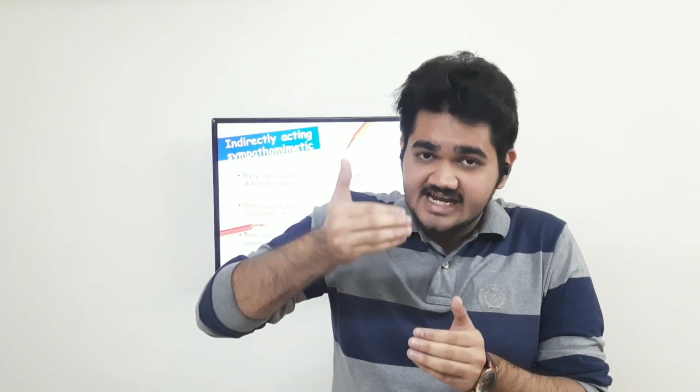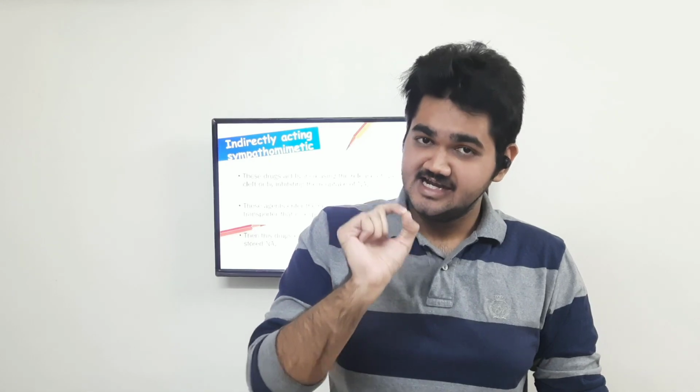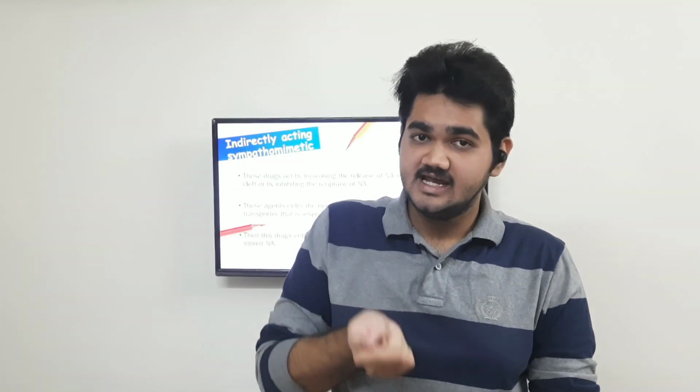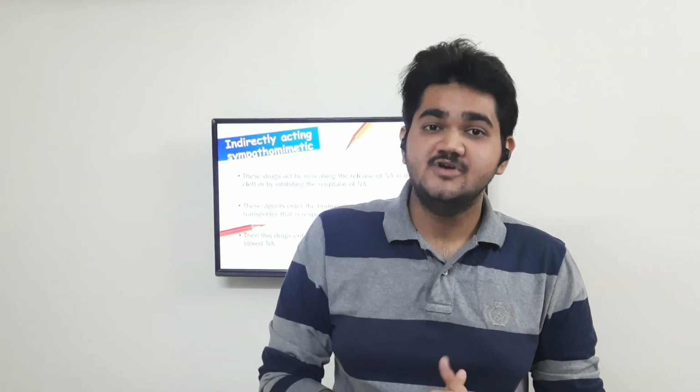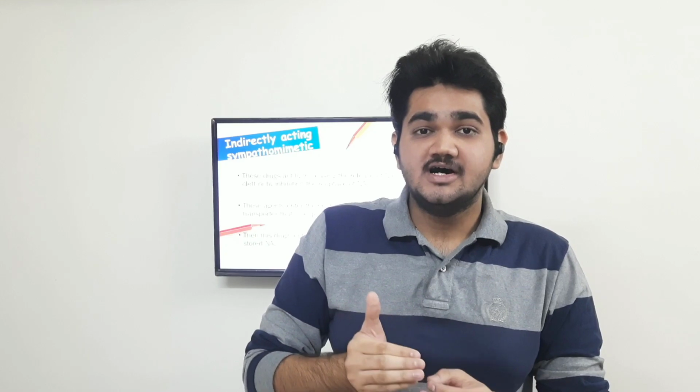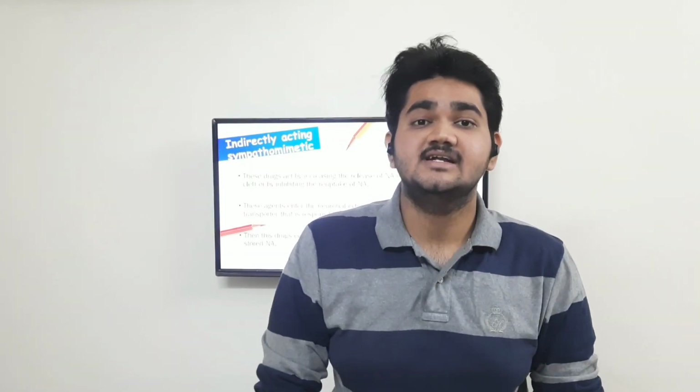They do not directly bind to our adrenergic receptor, but they increase the concentration of noradrenaline in the synapse. Whenever the concentration of noradrenaline in the synapse is increased, more norepinephrine will be present, and more norepinephrine can work on our adrenergic receptor, so we get more response, and because of that our sympathetic activity will be increased.